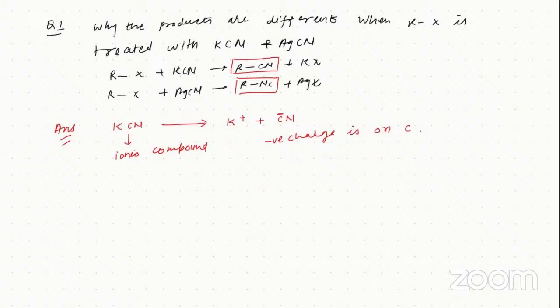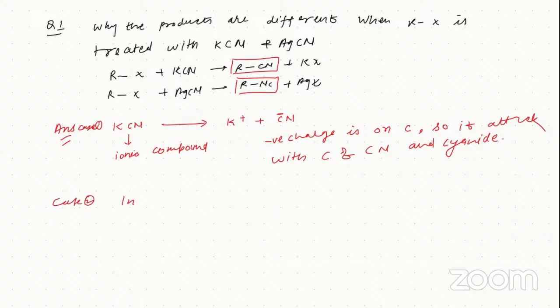So it attacks with the carbon of CN and forms cyanide. This is case one. Now you see case two.